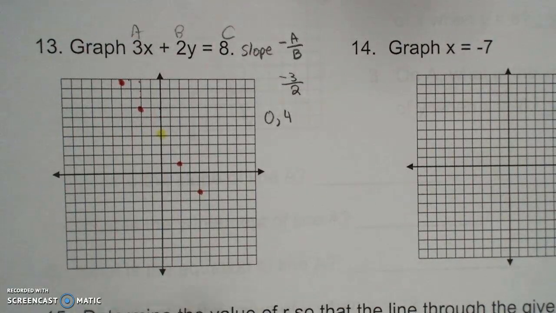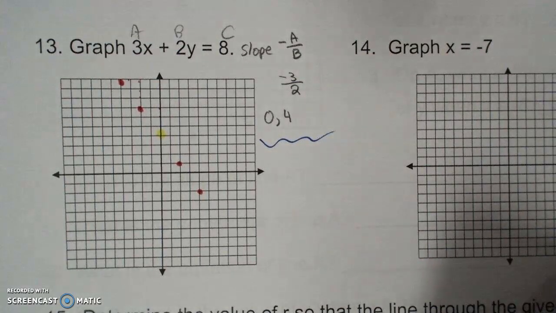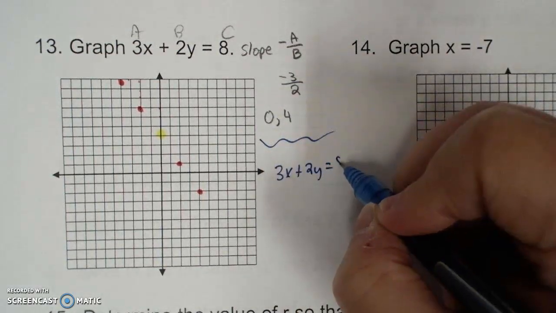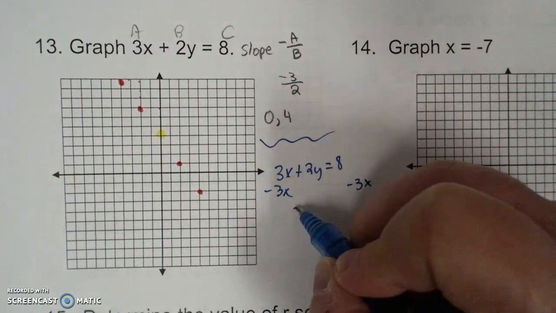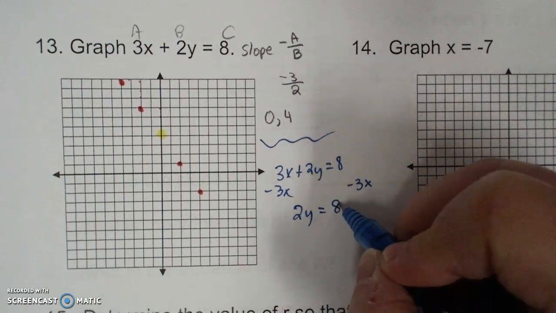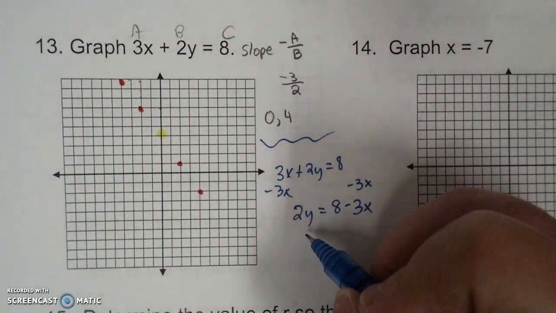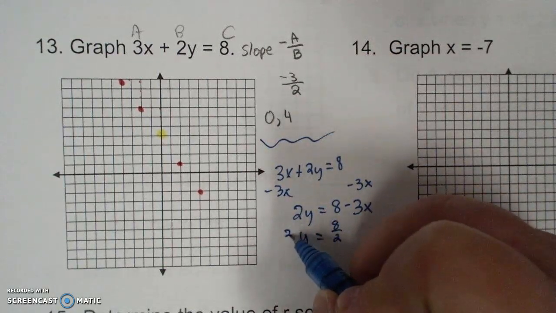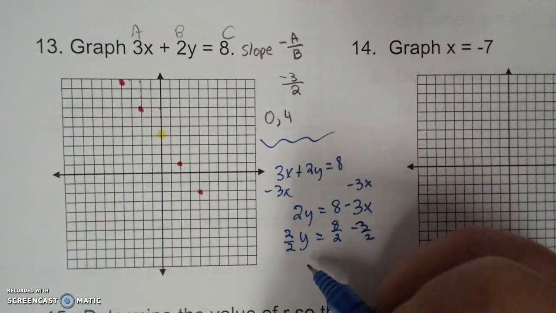Okay? If you want to do it a different way, so here's the other way to do that, is I have 3x plus 2y equals 8. Subtract 3x from both sides. 2y equals 8 minus 3x. Divide everything by 2. Y equals 8 over 2, 2 divided by 2, -3 over 2.